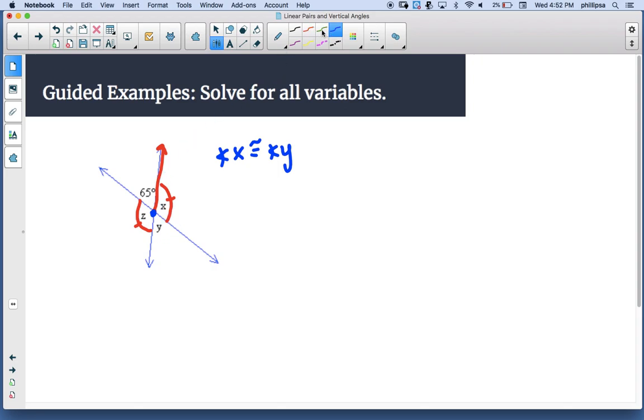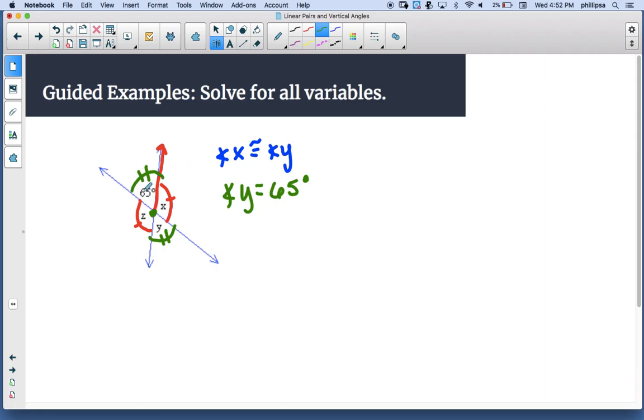However, I could flip and take a look at this angle that measures 65 and this angle measured Y. I know that those 2 are also non-adjacent angles formed by 2 intersecting lines, and so I know Y has to be congruent with that 65-degree angle, so the measure of angle Y is 65 degrees.